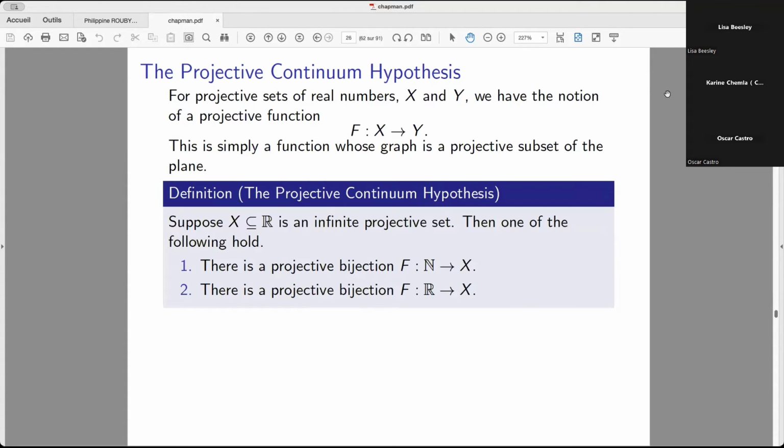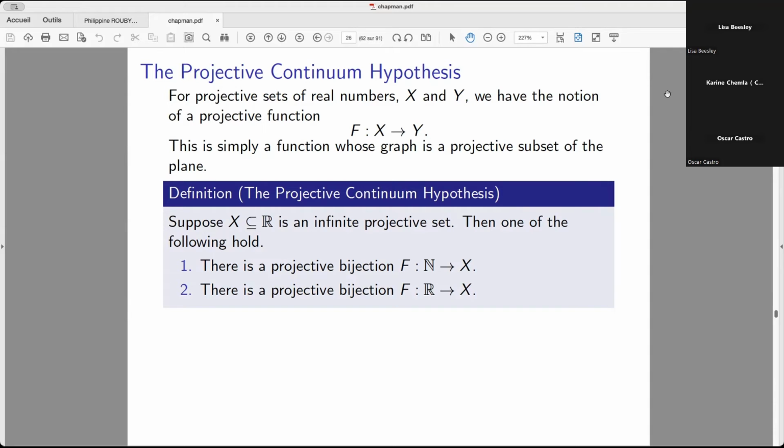So suppose X contained in R is an infinite projective set. Then the projective continuum hypothesis asserts that either there's a projective bijection of the natural numbers with X, or there's a projective bijection of the real numbers with X. So we have taken the continuum hypothesis and the full abstraction of the universe of sets, and we're restricting it to the projective sets.